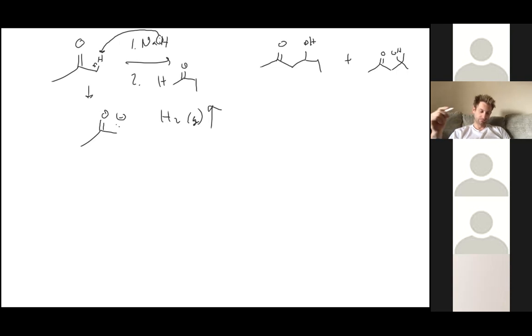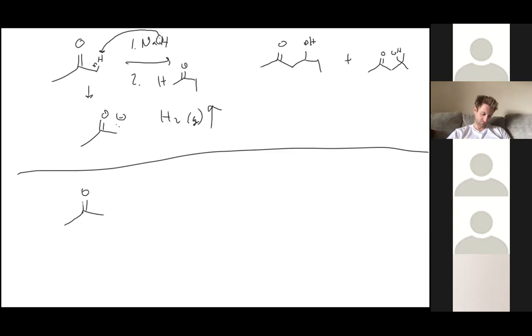Another thing you can do is LDA would be a large base. So if we had a more interesting ketone, where we have two different alpha positions, now if I add in a small base like NaH, I'll selectively deprotonate on that more substituted position.